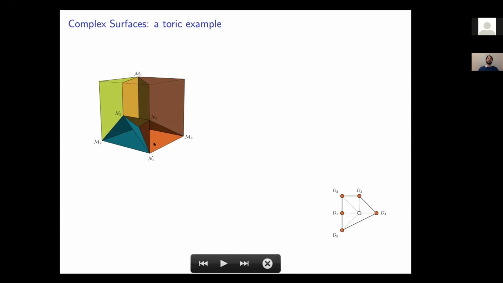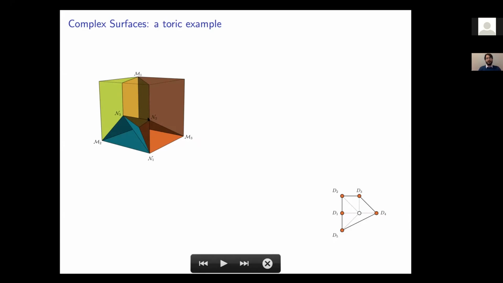Now, what I'm saying is that there are 5 other regions, 1, 2, 3, 4, 5. So let me tell you how these regions are constructed. You construct them by taking the faces of the Nef cone and then extending in the direction which is perpendicular to that face. So for instance, if you take the face N2, N3, there is one Mori cone generator which is perpendicular to that, which is M1. So if you extend that face into the direction of M1, you obtain one region.